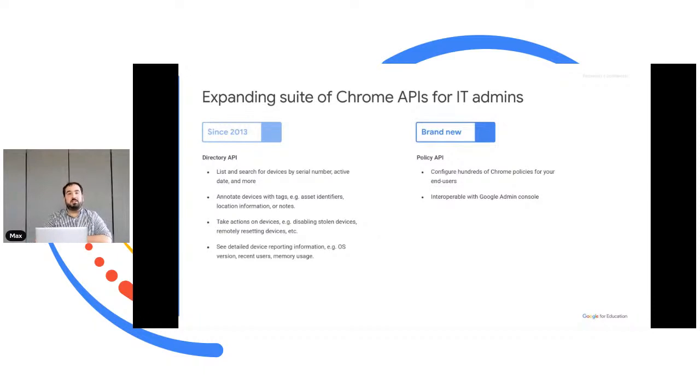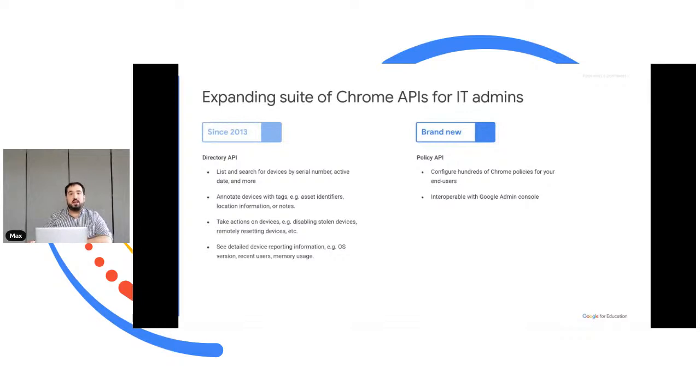All right, and lastly, I wanted to mention the Directory API. The Directory API has existed for a number of years, and it will continue to complement the Policy API. While the Policy API will handle settings and apps, the Directory API will continue to provide device information, asset tracking, reporting, and device actions like lock and reset.